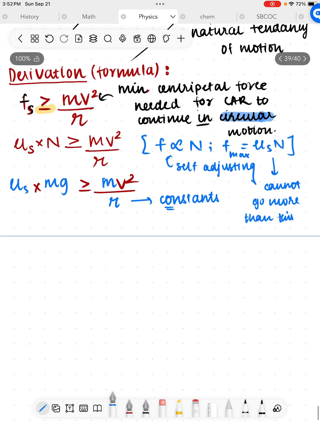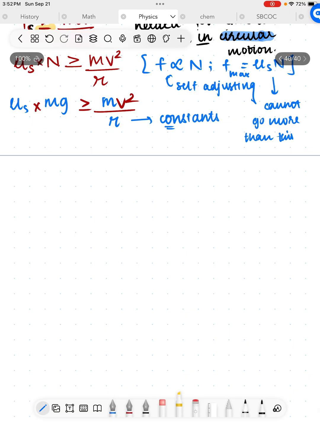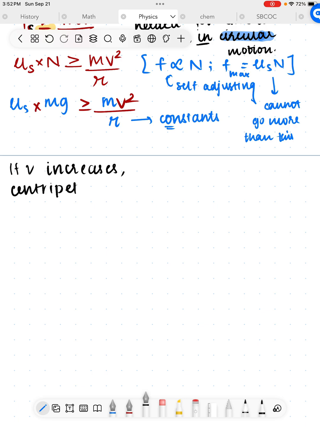These are constants. Now if velocity v increases, centripetal force will increase. So friction has to increase.